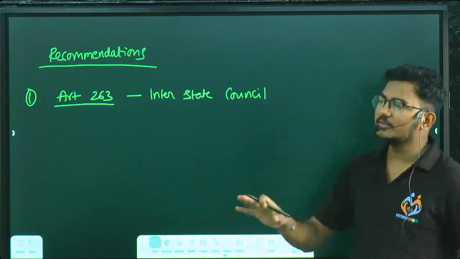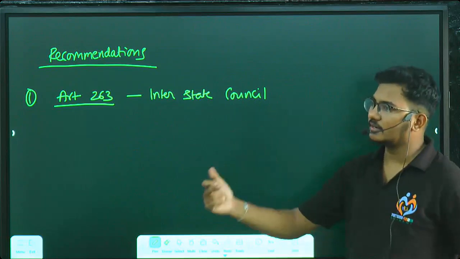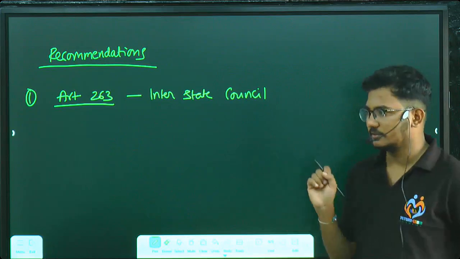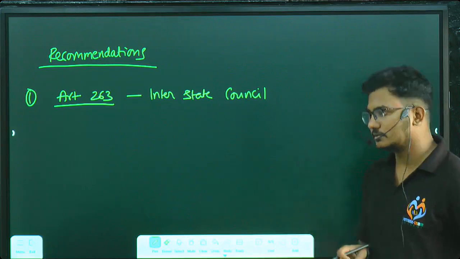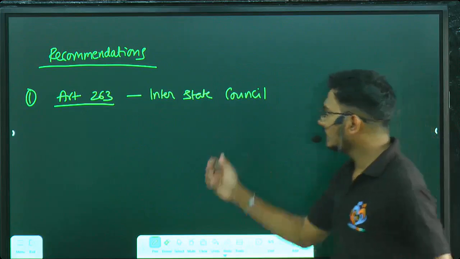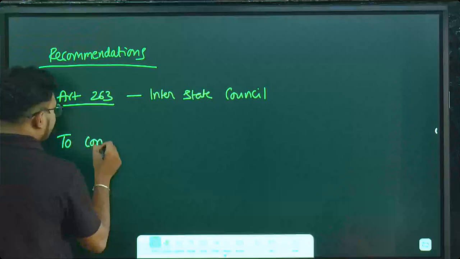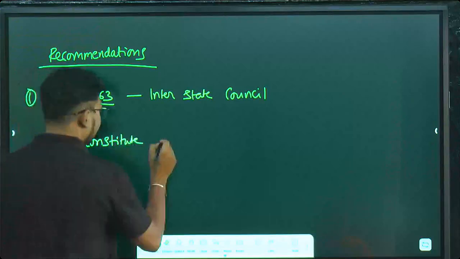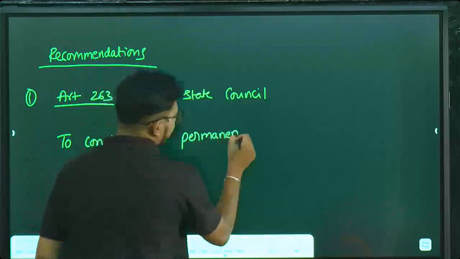When the Sarkaria Commission came up with its recommendations, pressure was created on the government, and states started demanding the interstate council. And finally, in 1990, they constituted this interstate council. Understood? So here the first recommendation is to constitute a permanent interstate council.